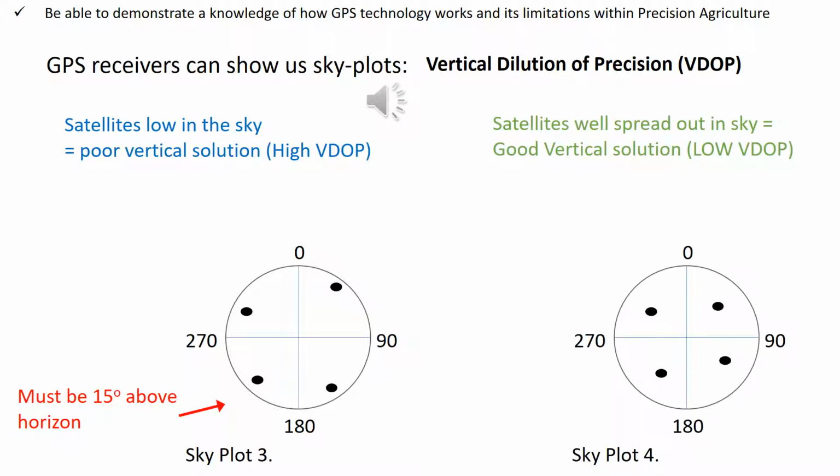Again, we can see that satellites well spread over the 4 quadrants and not too close to the edge of the horizon will give us a good vertical solution, a low VDOP value.